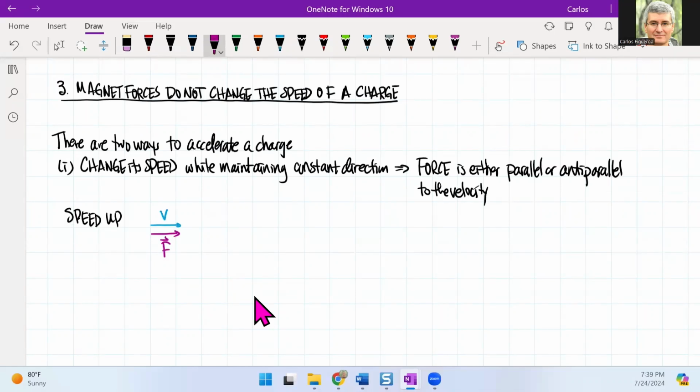That's what I mean by speeding up. Or if I slow down, I could then have my velocity still in the same direction, but now I have an opposing force in the opposite direction. That's what we mean by that.